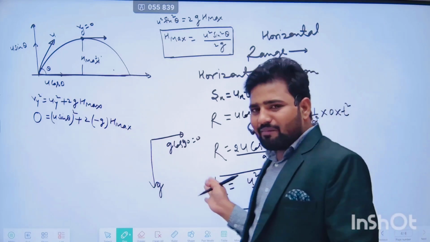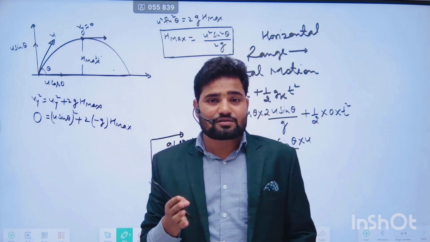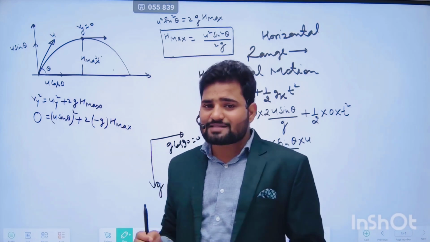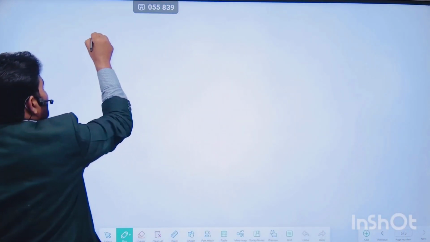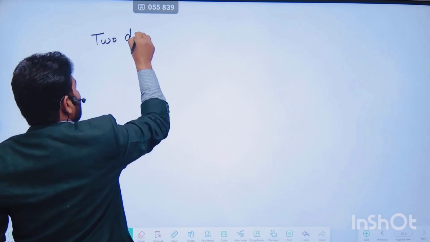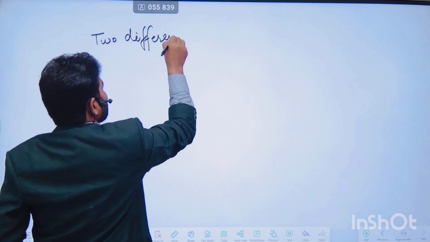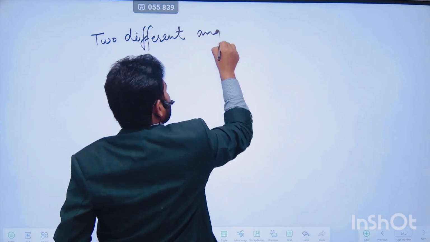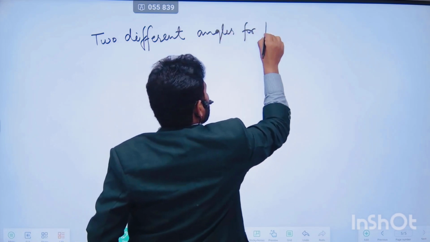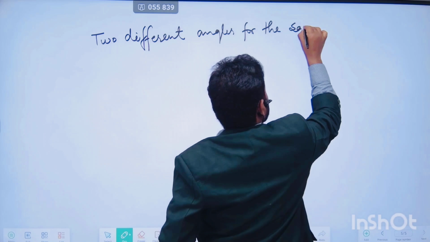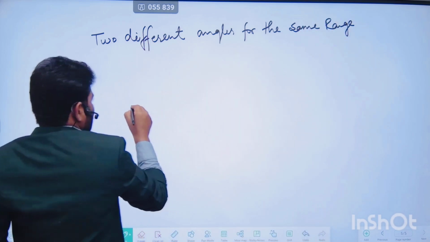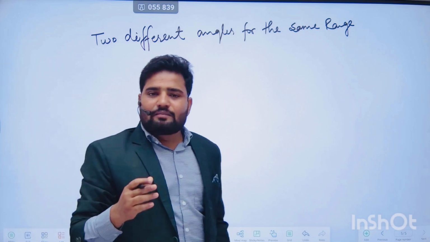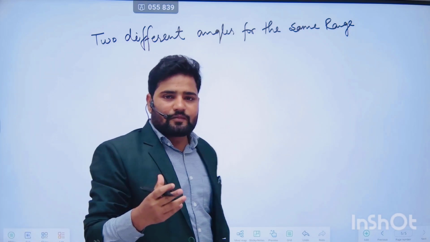Next, for the same range, we have two different angles. So how do we calculate the two different angles for the same range? Suppose first the ball is launched at an angle of alpha with initial velocity u.